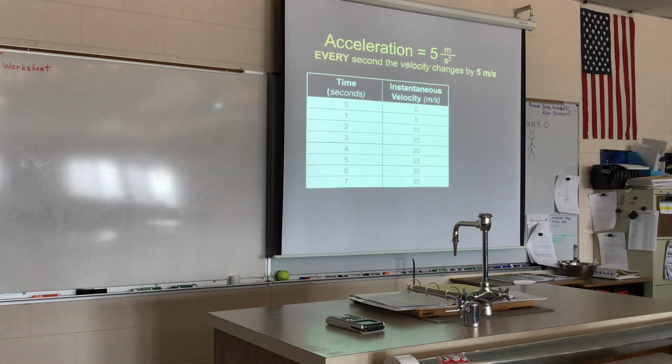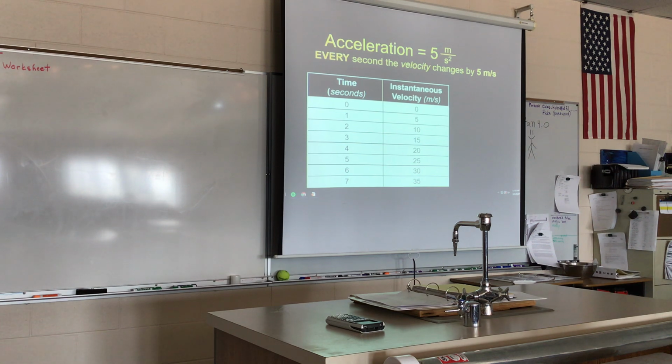Here's an example data table. And we learn through this example that velocity is super easy to deal with when we have a constant acceleration. It just increases by 5 each time. And it also can decrease.